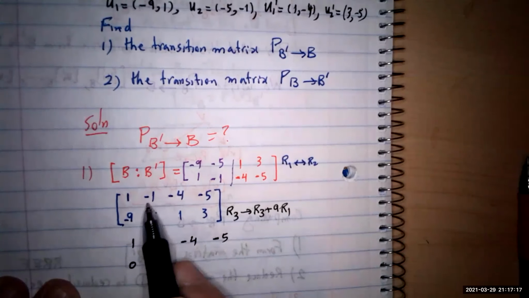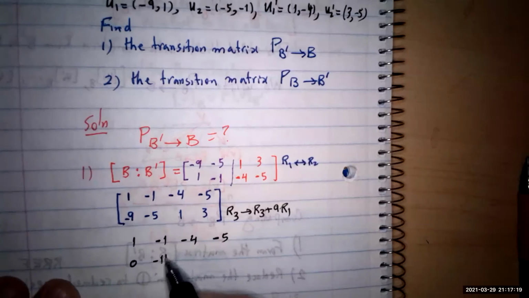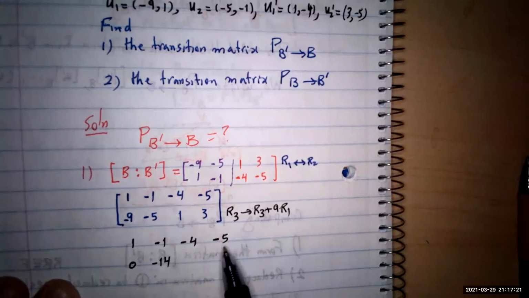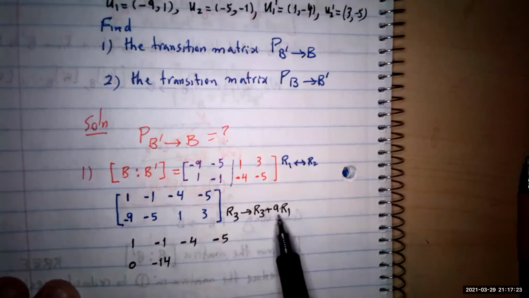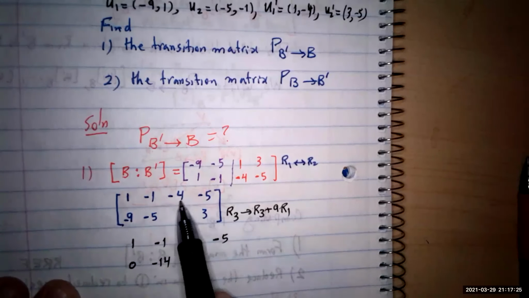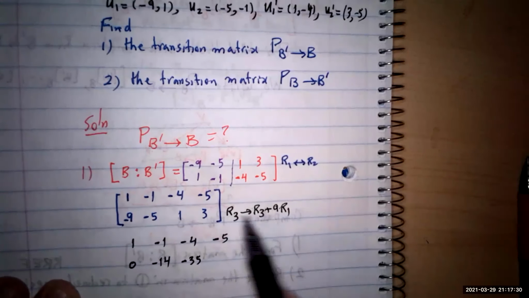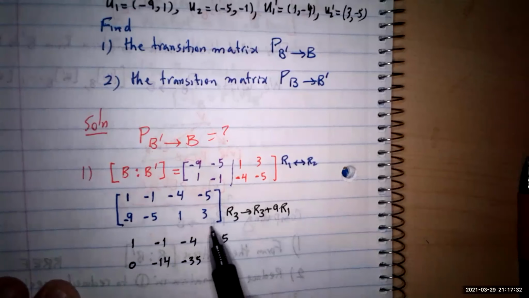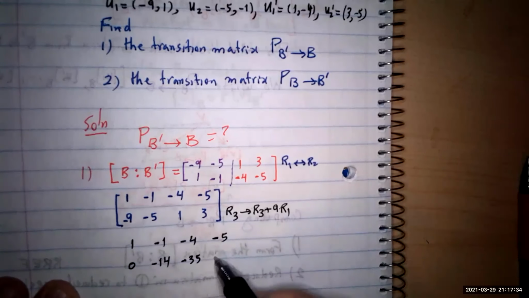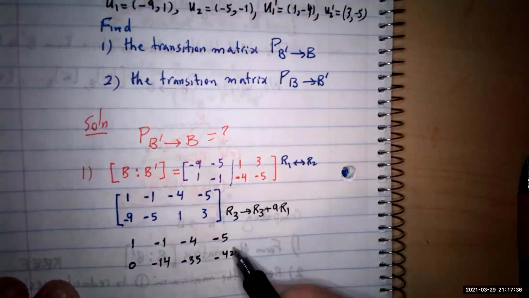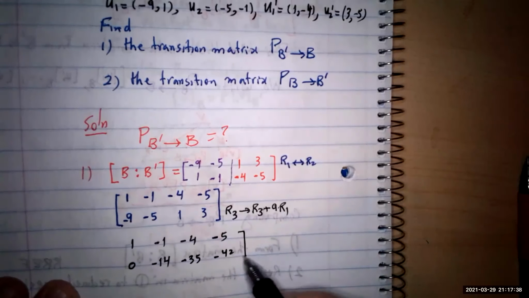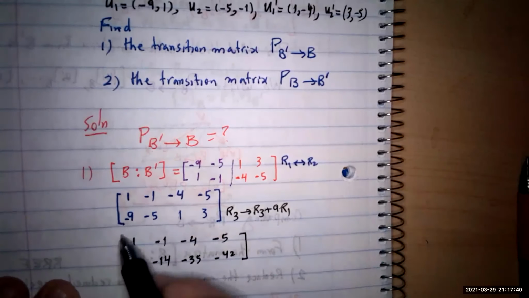That gives you -14 over here. And this would be -36, making it -35. And this is -45, making it -42.